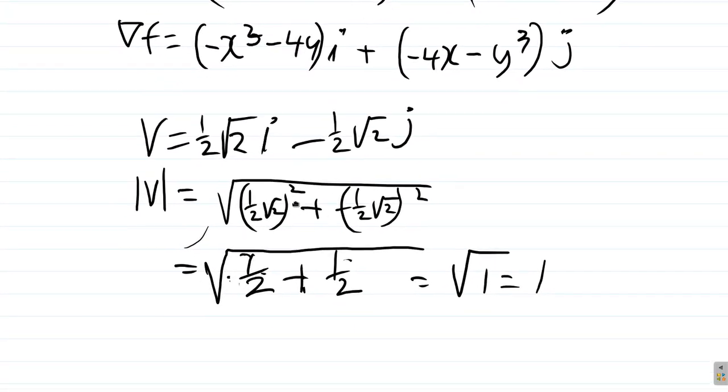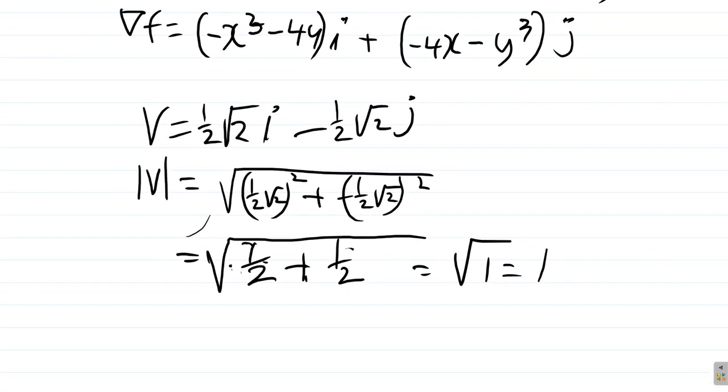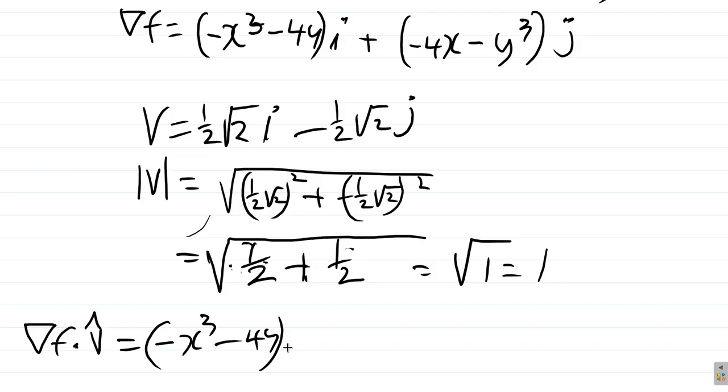Now we're going to do the dot product. So it's grad f dot unit vector, which is negative x cubed minus 4y i plus negative 4x minus y cubed j, right?